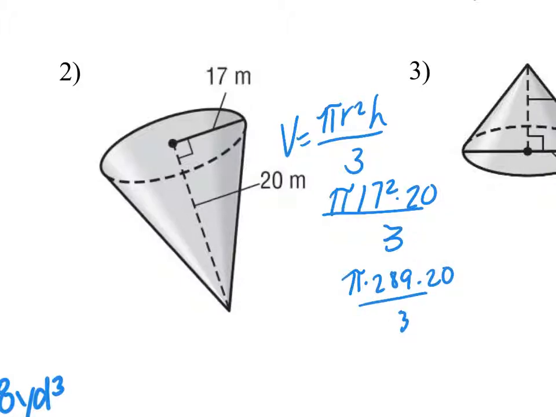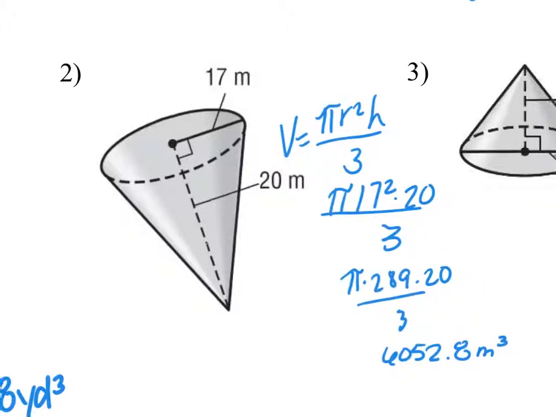That's kind of getting bigger and uglier. So I'm just going to do 289 times pi times 20 divided by 3. And you can go ahead and do it the squared version. If you want to do pi times 17 squared times 20, that works too. 6,052.8 is what I'm going to get there, and I'm going to go meters cubed.